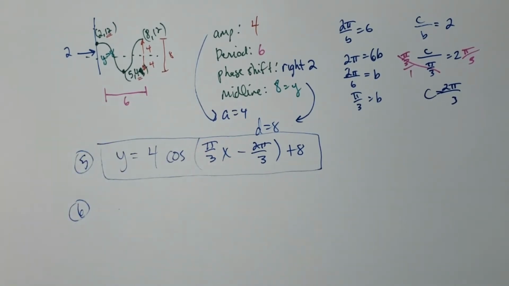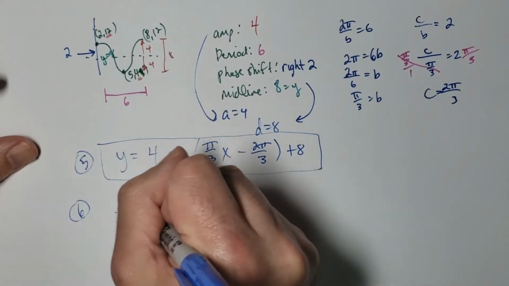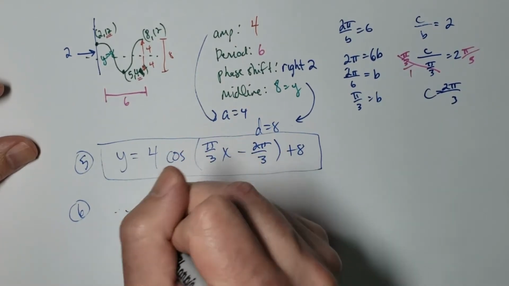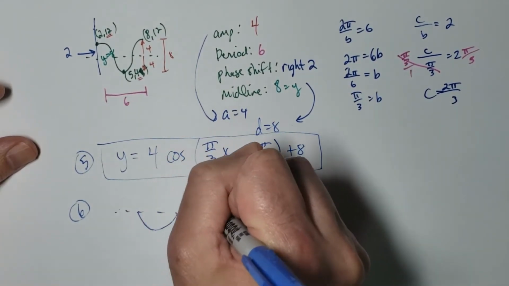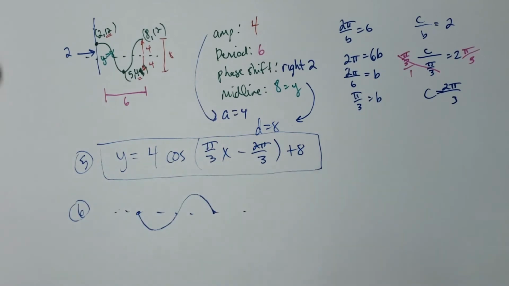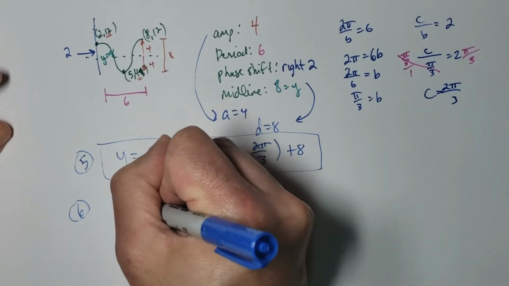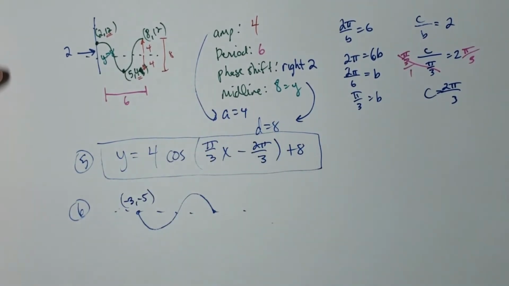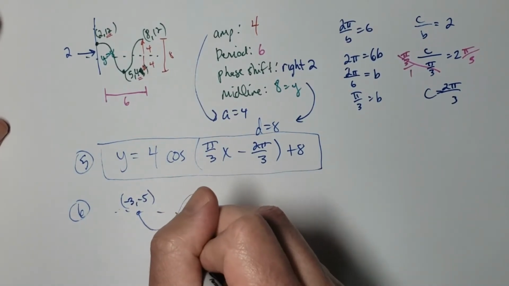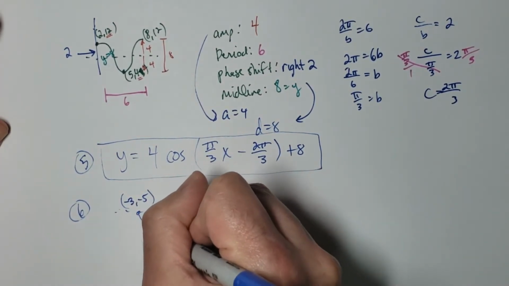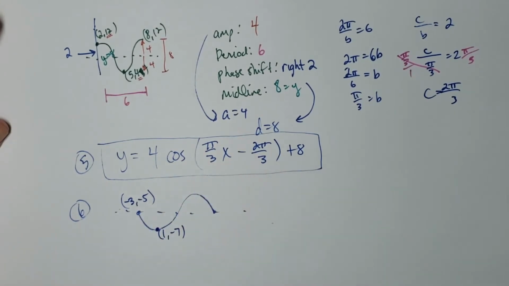A sine function that starts on its midline and then goes down. So it looks like that. This is the point -3, -5. Goes down to its minimum at 1, -7.